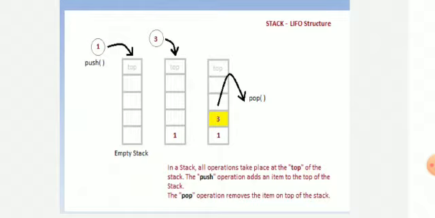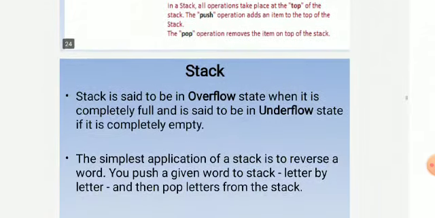So the number three is deleted from the top of the stack. That's why a stack has only one end, called the top of the stack, and we perform two operations: push, which adds an item to the top of the stack, and pop, which removes the item on the top of the stack.